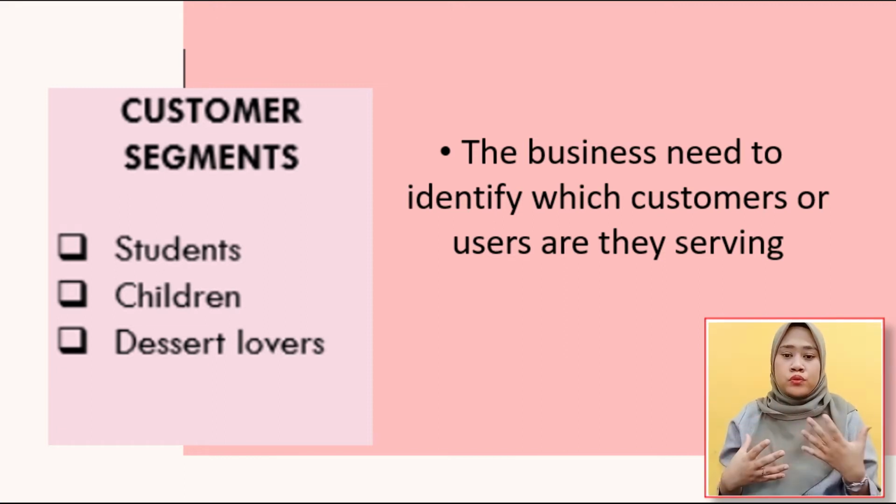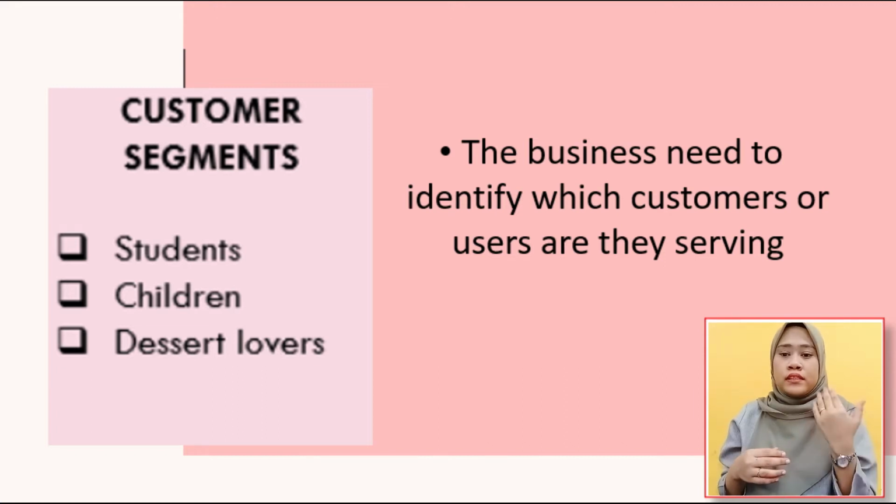Why we choose students as part of the customer segment is because some of the students love to eat dessert while studying to reduce stress. As we all know, children love to eat something sweet.